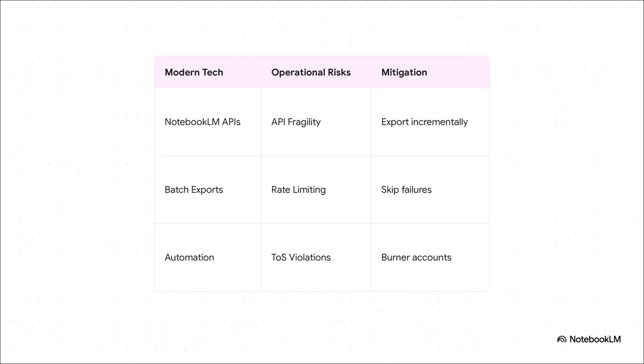And perhaps the most ironic part of all this, because unofficial automation technically violates modern terms of service, researchers are explicitly forced to use dedicated burner accounts just to mitigate the risk of having their primary professional profiles suspended by a tech giant. We're quite literally building the future of historical archival research on incredibly fragile, shifting digital ground.